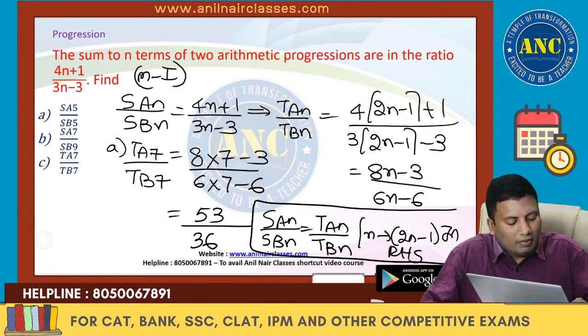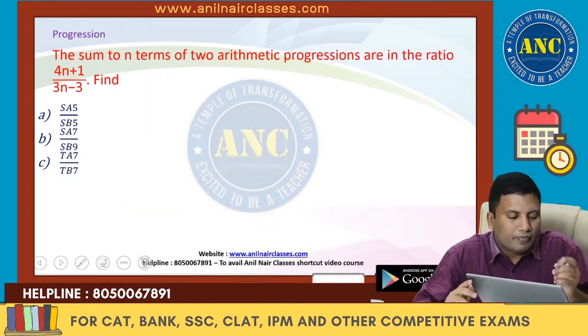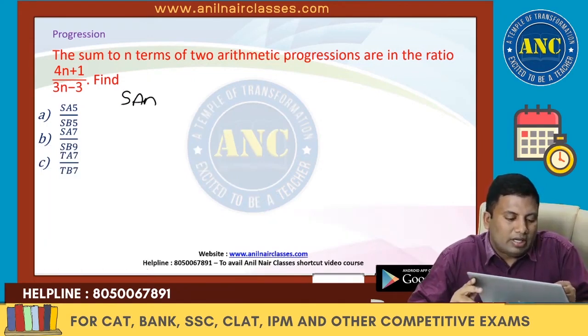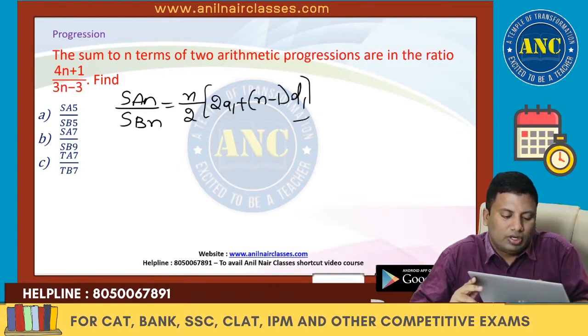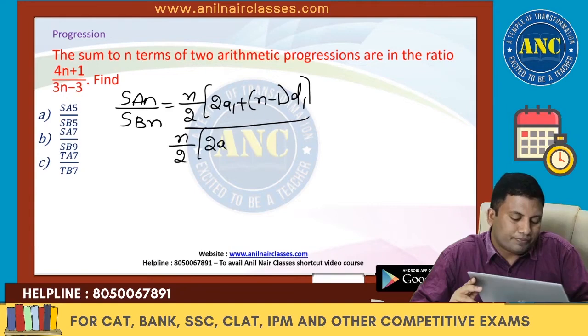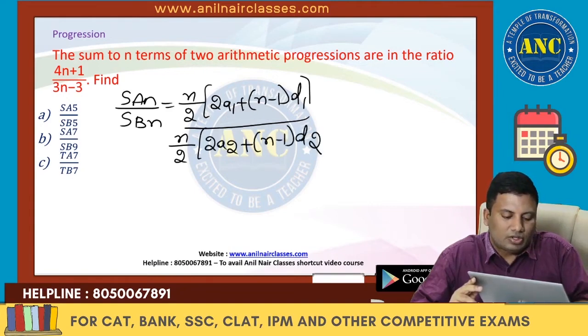Method number 2. SAn by SBn is nothing but n by 2 into 2A1 plus n minus 1 into D1, divided by n by 2 into 2A2 plus n minus 1 into D2.